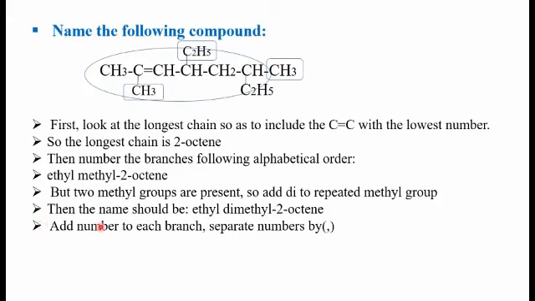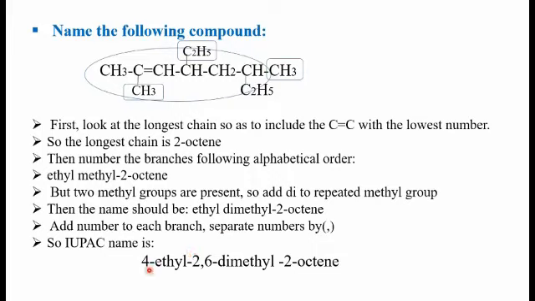Okay, add a number to each branch, separate numbers by commas. So the IUPAC name is 4-ethyl. We put a dash between the number and the nomenclature, and a comma between the two numbers. Ethyl is on the fourth carbon atom, so we put 4 here, and we have dimethyl.